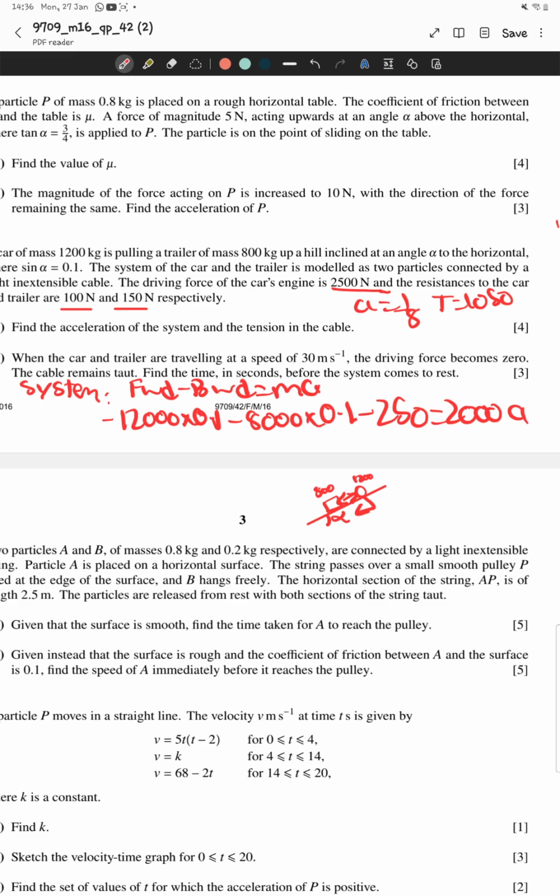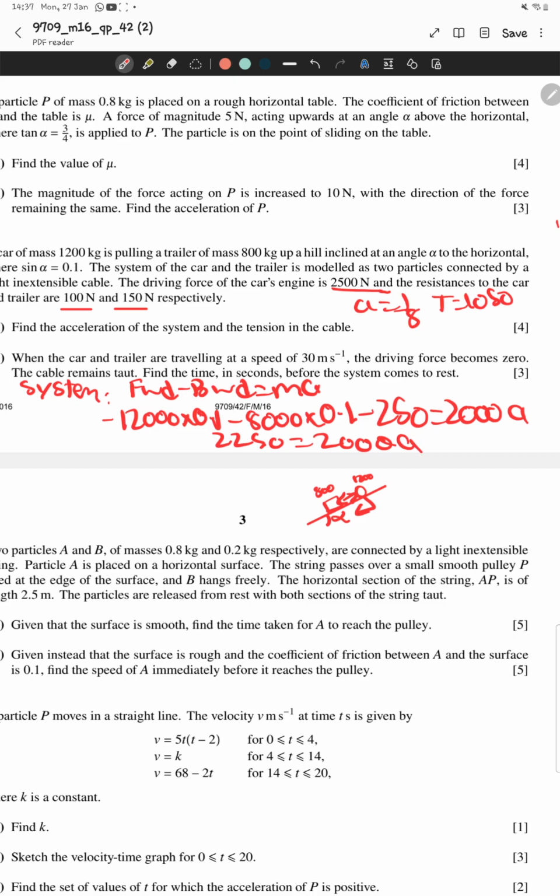1200 plus 800 is just 2000, and 250. You get 2250 equals 2000A.